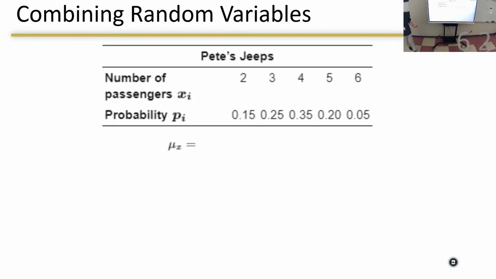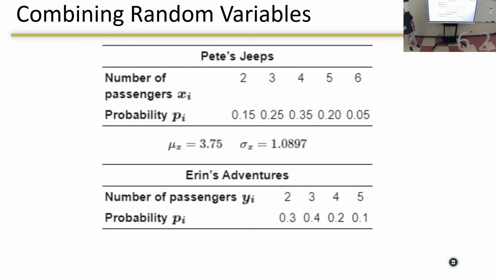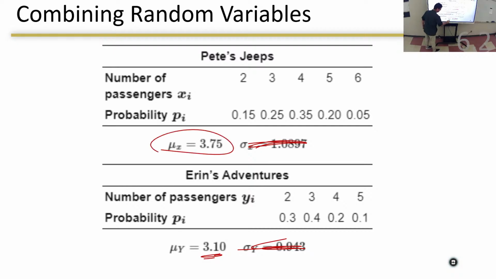Pete's average is 3.75 with a standard deviation of 1 point something, but don't try to think about that yet. And Erin's average is 3.10. So Pete carries more people on the average than Erin does.